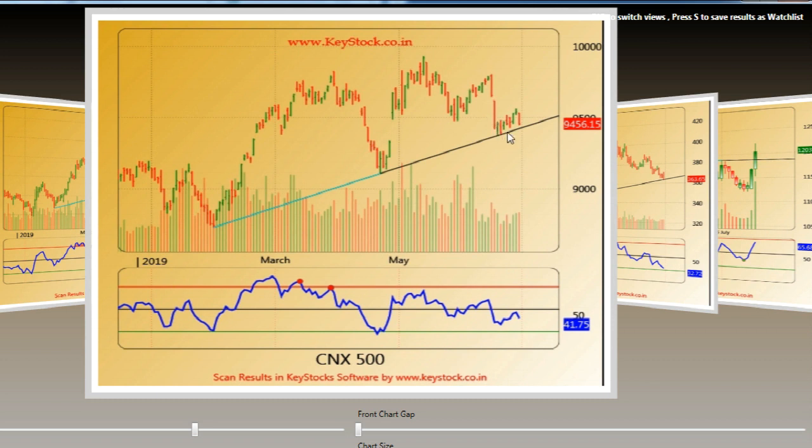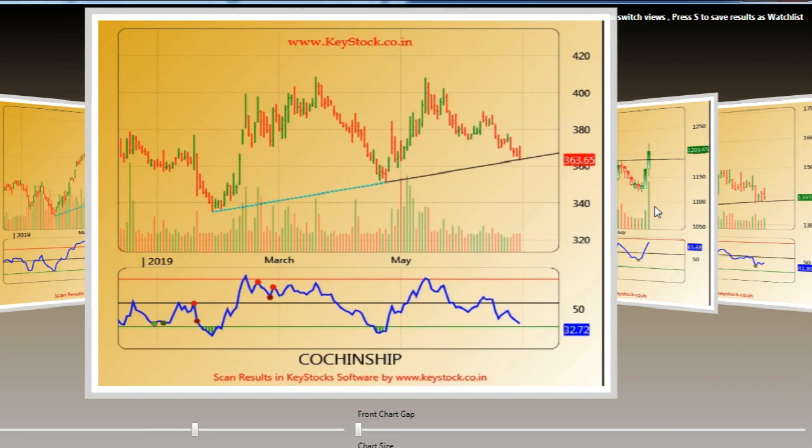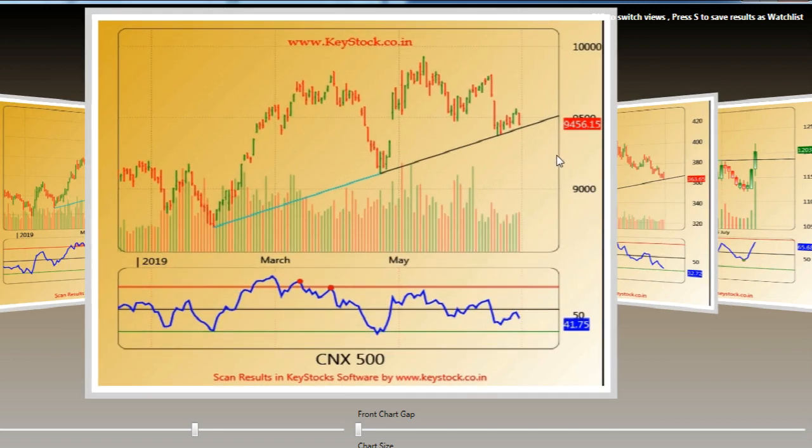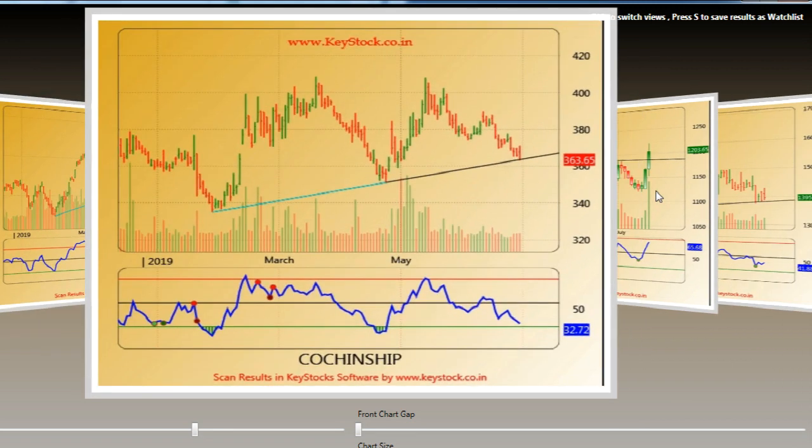As you can see, the price is consolidating over here. So if it breaks, the price can go down at a faster speed. The same is the case in Cochin Ship. If the price breaks, it will go down at a faster speed because the consolidation is happening near the trend line.